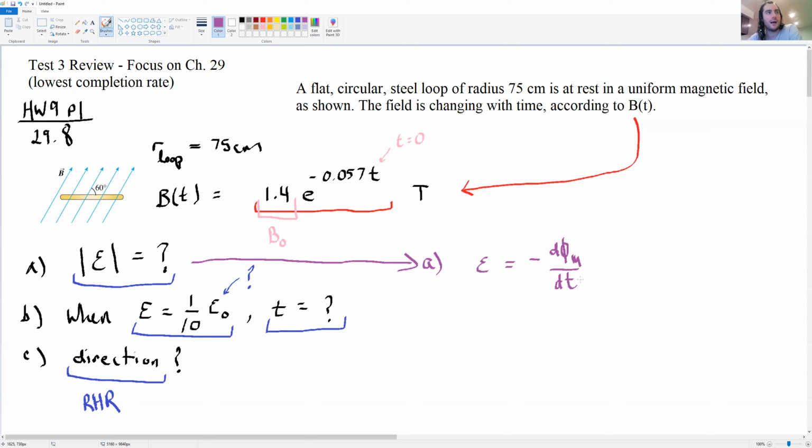It tells you that the induced EMF is proportional to the change in flux over time. So if the magnetic flux is changing, then you have an induced electromotive force, or an induced potential difference. All right, so we need to identify now this quantity, magnetic flux, phi sub m. Who can tell me what phi sub m is?